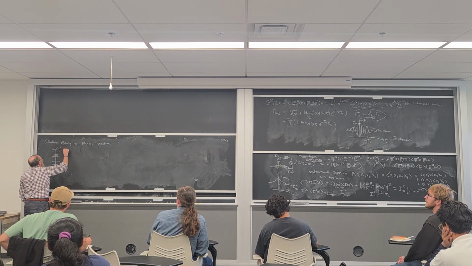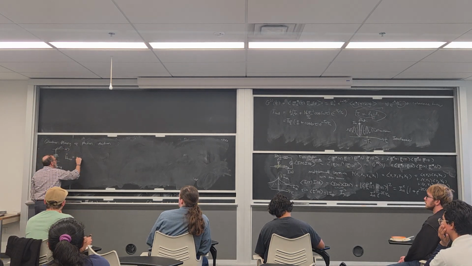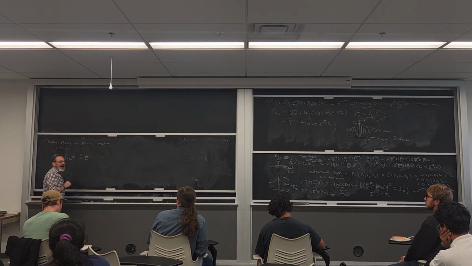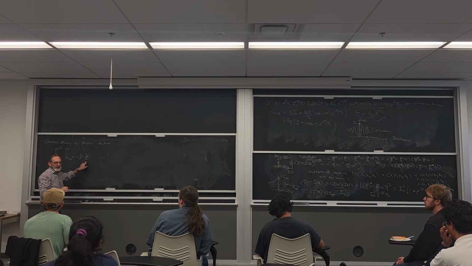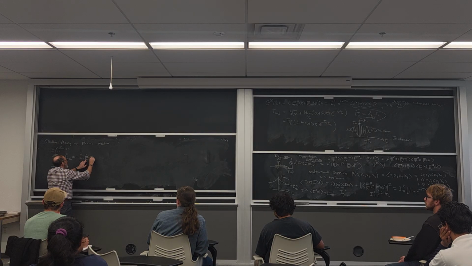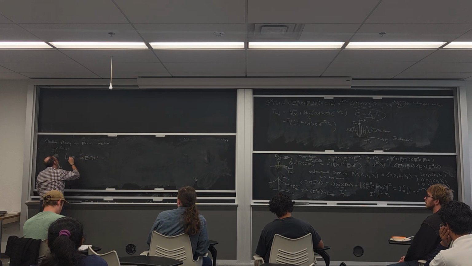My interaction Hamiltonian in the dipole approximation is minus d dot E, but now E has a hat on it. Okay? Before, just d had a hat on it. We treated the E quantumly. Now this is at the position of the atom as a function of time in the interaction picture.